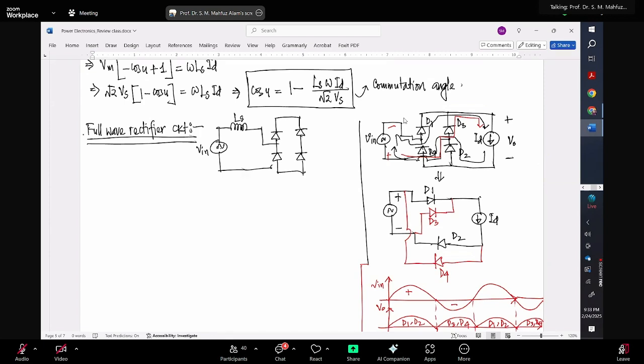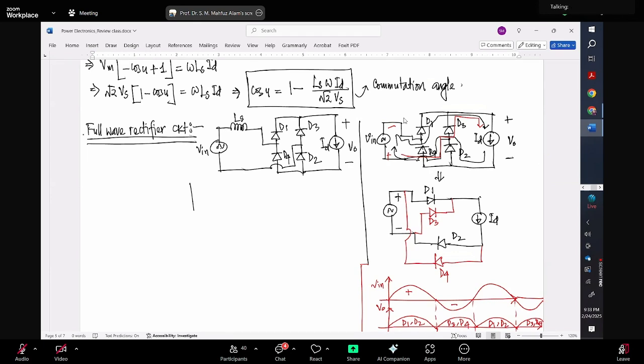This portion is connected here. This is going here and disconnected to the source. That is your plus minus V naught. This current is ID. This is D1. This is D2. This is D3. And this is D4.